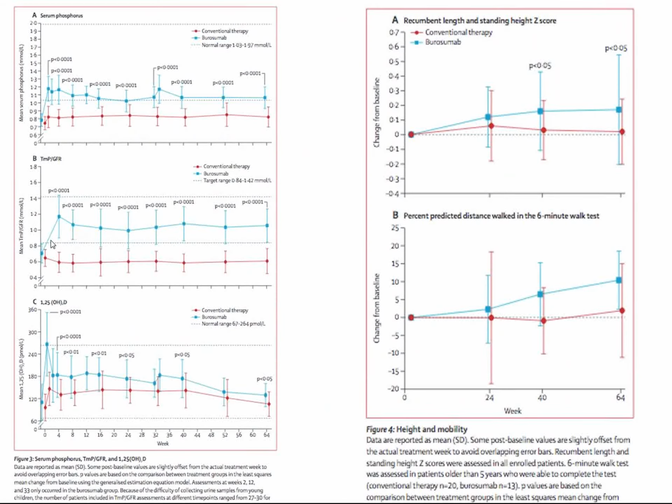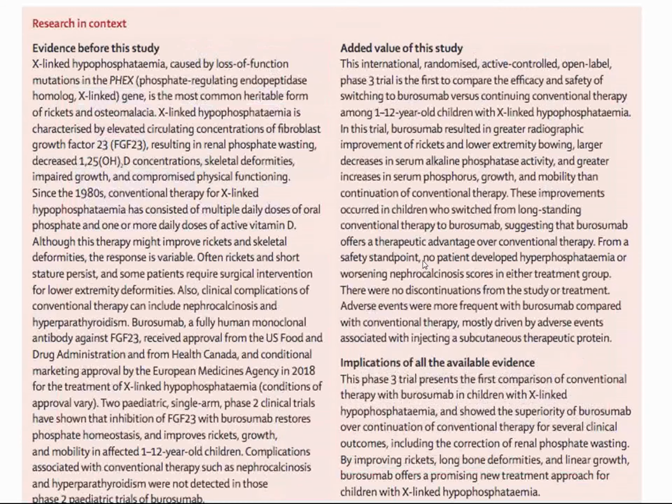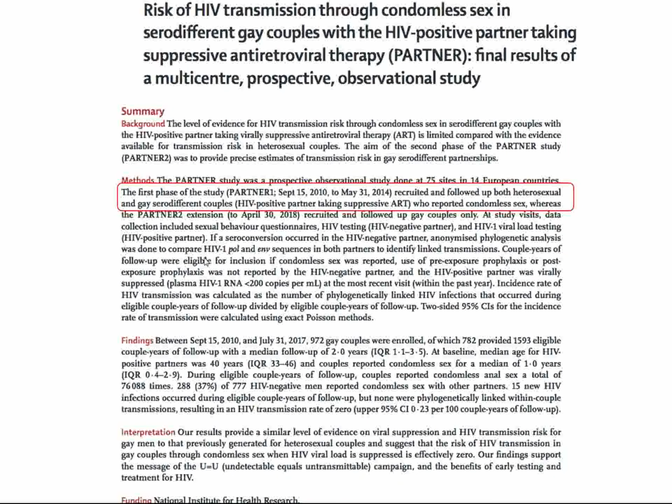And if we look at their tubular resorption of phosphate factored for glomerular filtration rate, it also improves substantially. And they even start making vitamin D again because they're suppressing FGF23 that impairs vitamin D synthesis. And they even get taller and they're able to walk. And so this is a substantial advantage over what we had available.